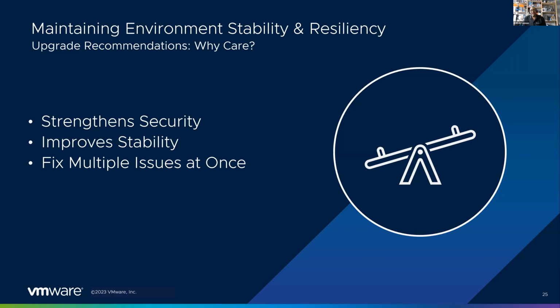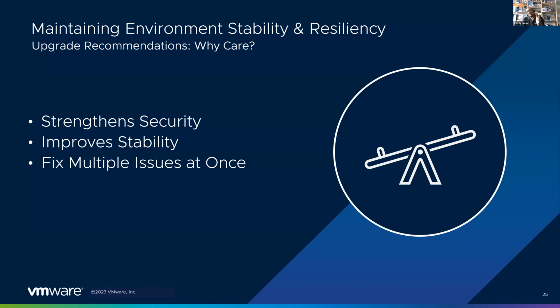They're just there to improve the stability of your software and remove outdated features and things like that. But most importantly, you could potentially remediate dozens of Skyline's proactive findings at once. And for me, that benefit alone is worth the price of admission.